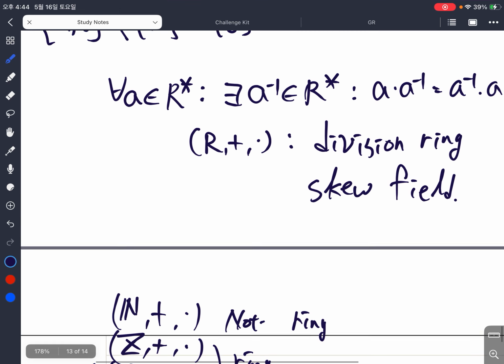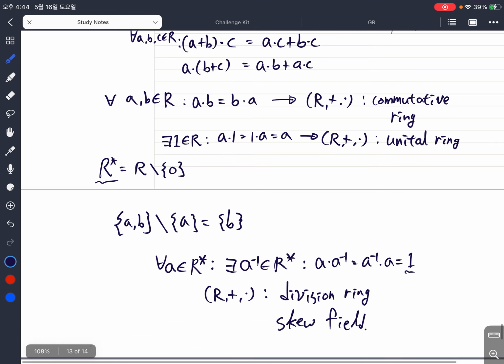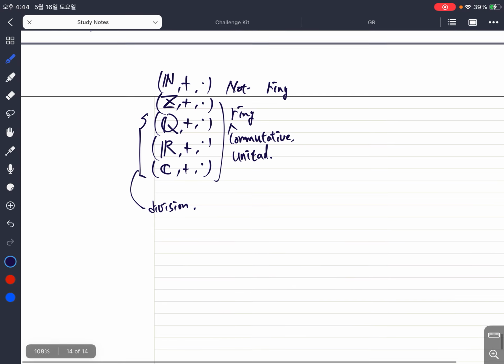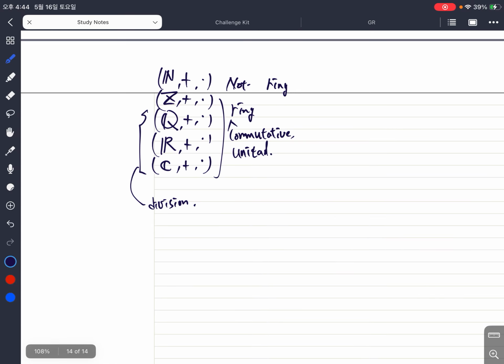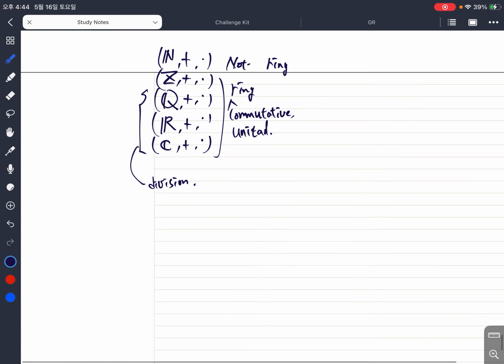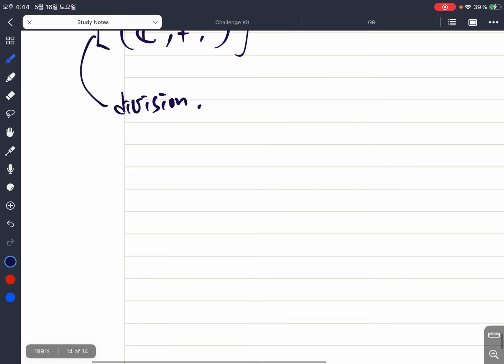If you notice, a unitary ring is needed to have a skew field or division ring, but commutative ring is a totally separate axiom. So there is one more thing you have to know. Finally, it is called a field.